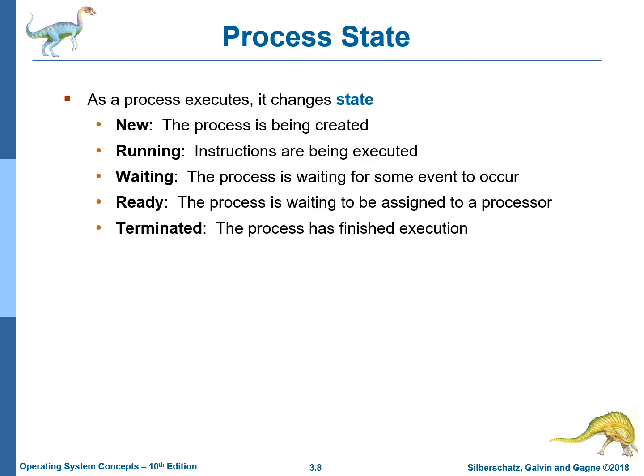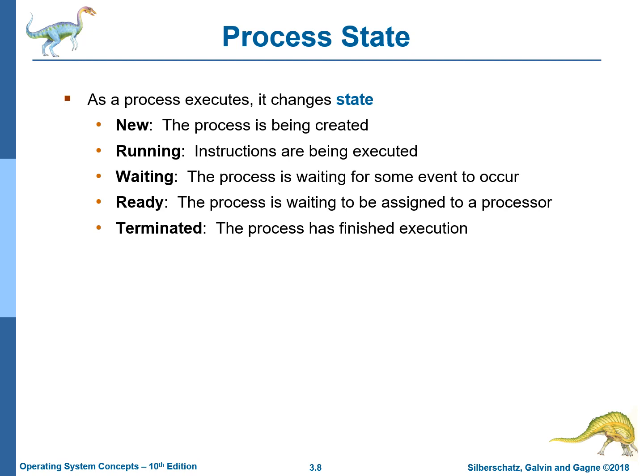As a process executes, it changes state. The state of a process is defined in part by the current activity of that process. Each process may be in one of the following states. New: the process is being created. Running: instructions are being executed.